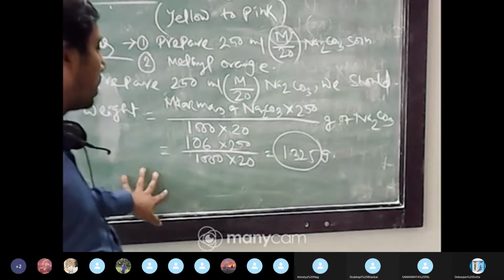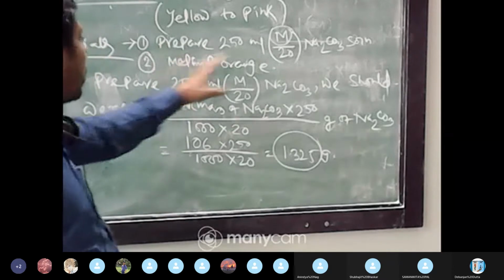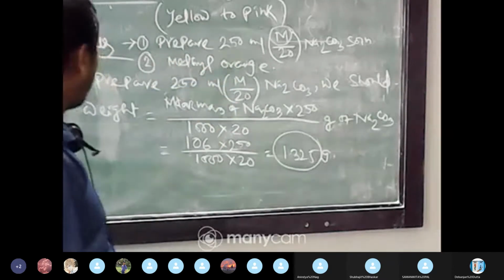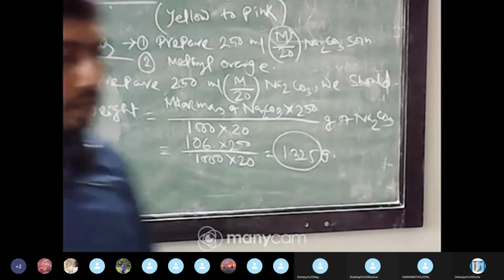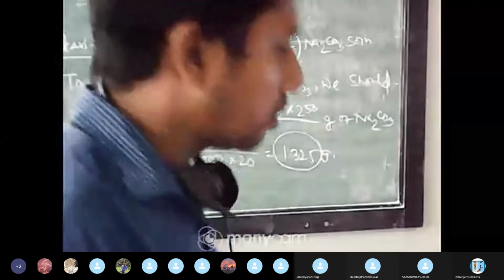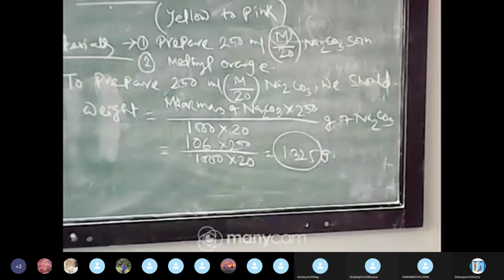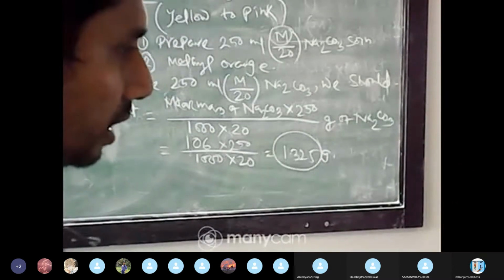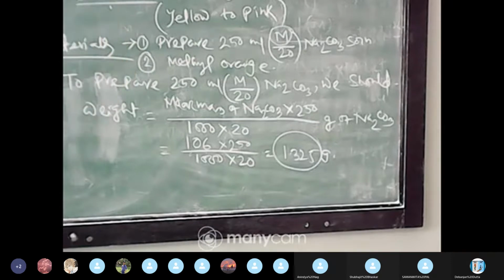In the procedure section, you will write: prepare the 250 ml M/20 solution, take 25 ml in a conical flask, add 2 or 3 drops of methyl orange indicator, then titrate it with HCl solution.